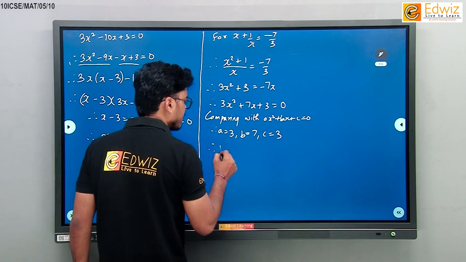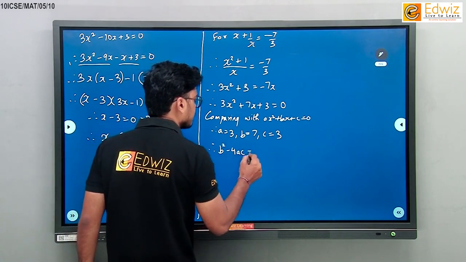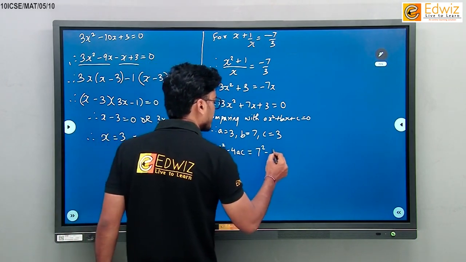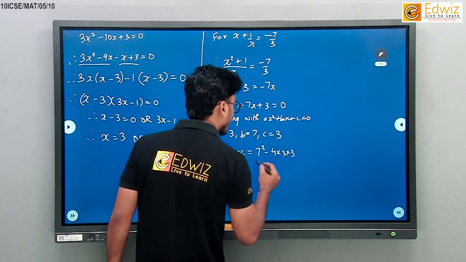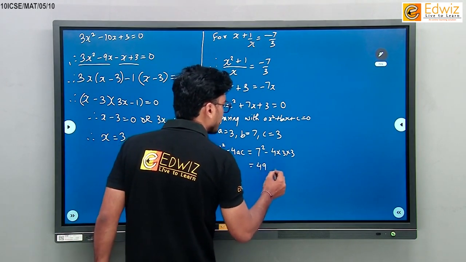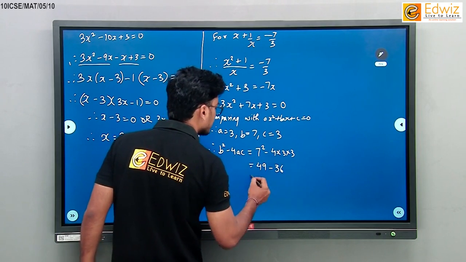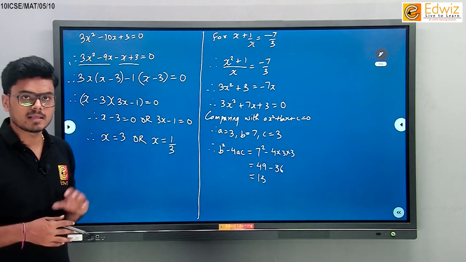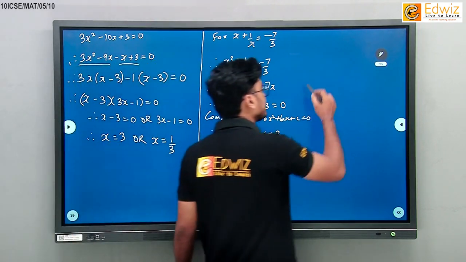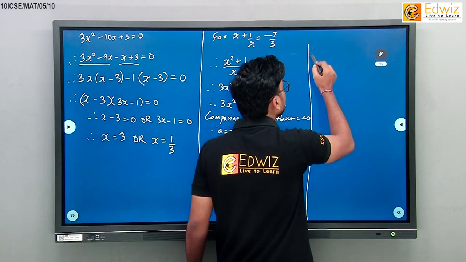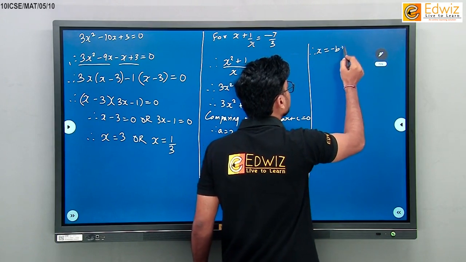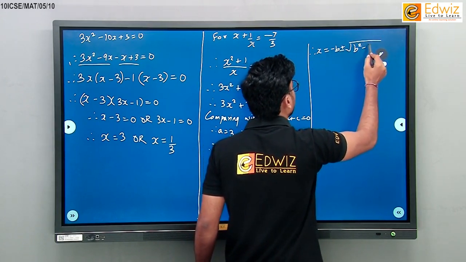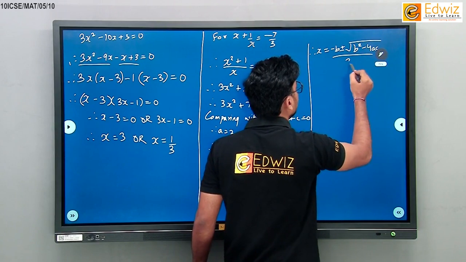Okay, so what is b square minus 4ac? b square is 7 square minus 4 into 3 into 3. So 49 minus 4 9s are 36. The answer here is 13. The value of b square minus 4ac is 13. Let us find the values of x then. By formula method, x is minus b plus or minus square root of b square minus 4ac upon 2a.